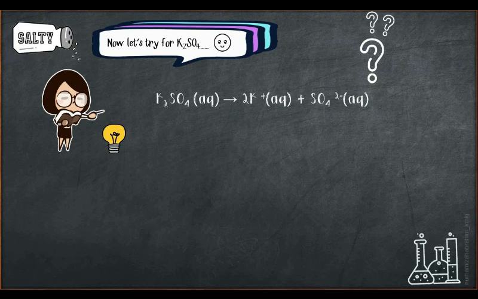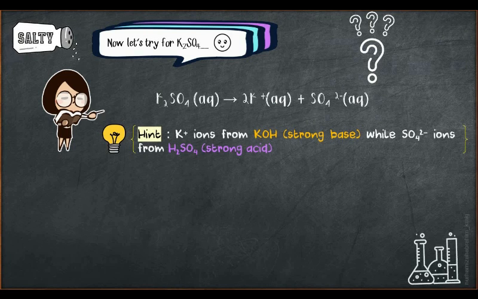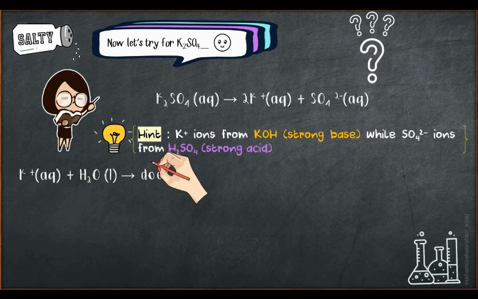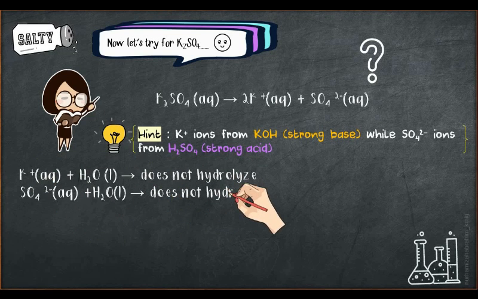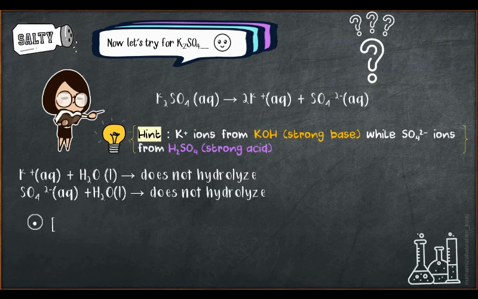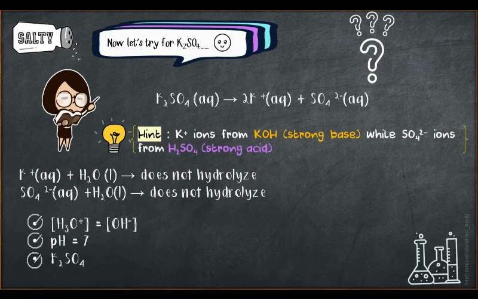Some hint, K+ ion is from potassium hydroxide, which is a strong base, while SO4 2- ion is from sulfuric acid, which is a strong acid. Therefore, both ions do not hydrolyze with water, as both are conjugates of strong acid and base. Both concentrations of hydronium ion and hydroxide ion are still the same, which results in a pH of 7. Hence, potassium sulfate is a neutral salt.